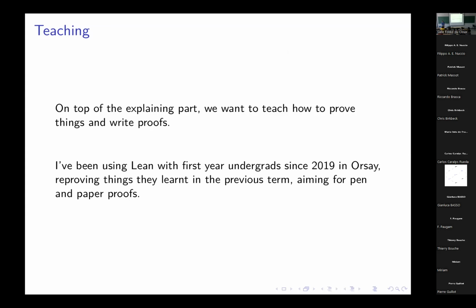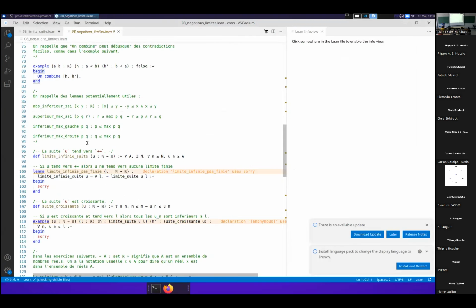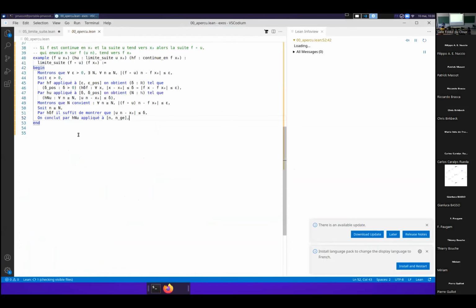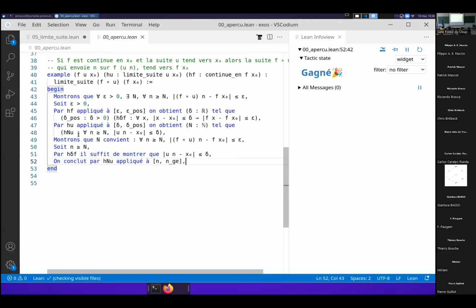So because of that, I've added a bit of a layer of interface where students can read proofs that look more like paper proofs. So this is the same software, but with a small extra layer of custom comments. And you can see, this is proving that if f is continuous at x0, then it is sequentially continuous at x0.